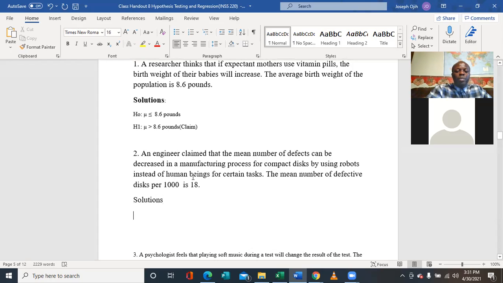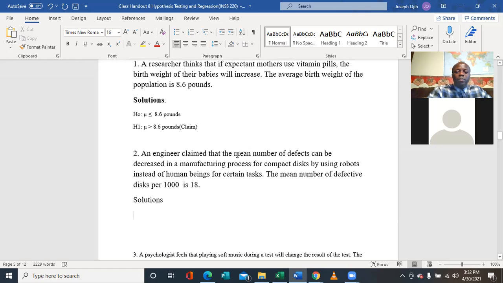The mean number of defects per 1,000 is 18. So prior to this test, the mean number is 18. But he's claiming that the mean number of defects can be decreased in the manufacturing process for compact discs by using robots.